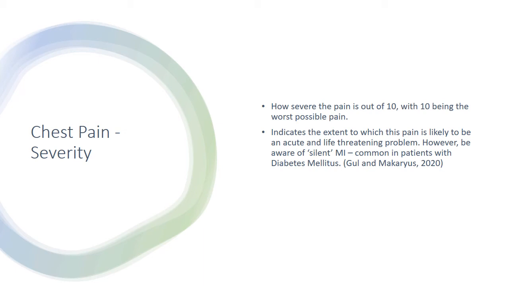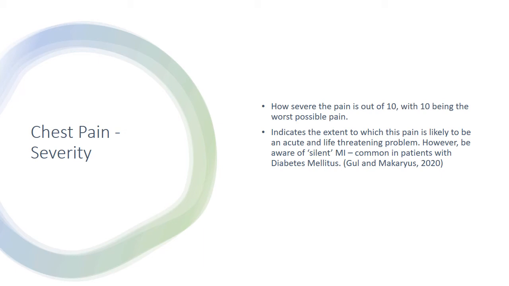But one caveat to this is that we've got to be aware of what's referred to as silent or unrecognized myocardial infarction. This is particularly common in patients with diabetes mellitus. In fact, I've only ever seen it once in my career as an ACP, but this was a gentleman who presented with very vague sensations in his chest. It wasn't a pain. In fact, he denied any pain. It was just a kind of vague sensation. That's pretty much all he described it as.